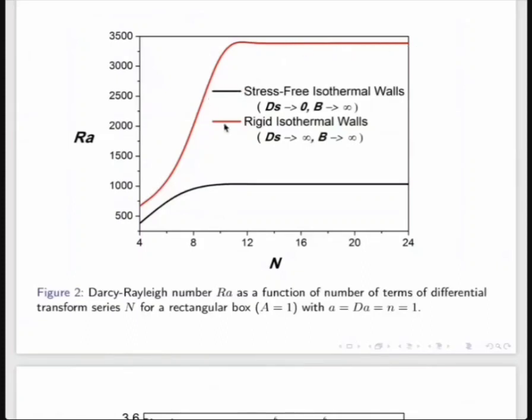For the rigid case, it is around 3,400 something, and for the free boundaries, it is around 1,000. So the eigenvalue Ra reaches a constant value, which indicates that about 12 to 13 terms are enough to achieve convergence.